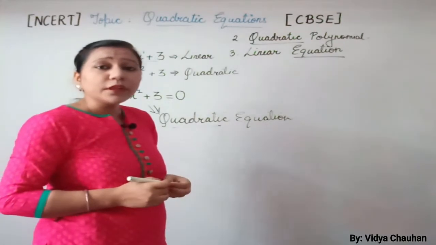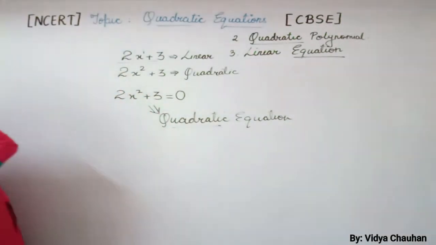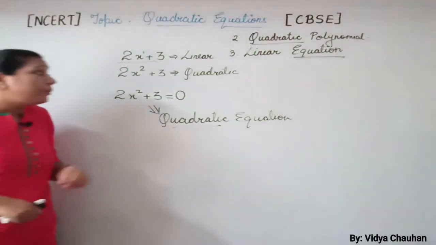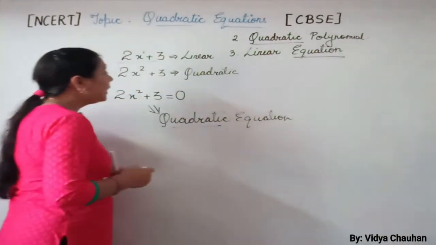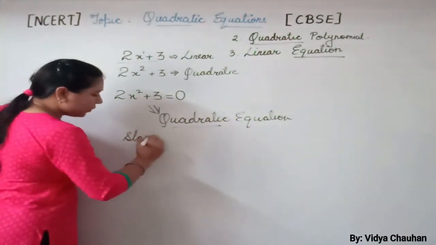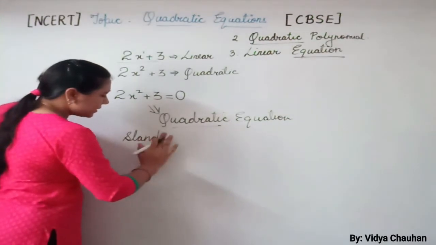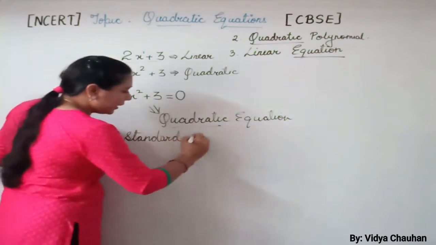Now with this quadratic equation, we are going to study many different methods by which we can solve a quadratic equation. But before that, let us discuss the standard form of writing an equation.